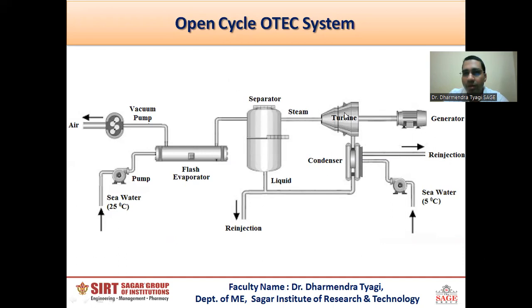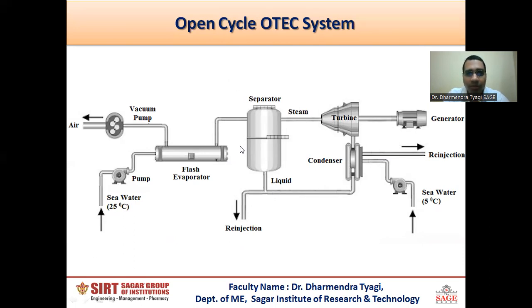This is the steam turbine, because it is also called a steam cycle system, and this is the generator. This is the condenser, and the cold water coming from the depth of the ocean is required in the condenser for condensing the exhaust steam, and this water is reinjected back to the ocean.